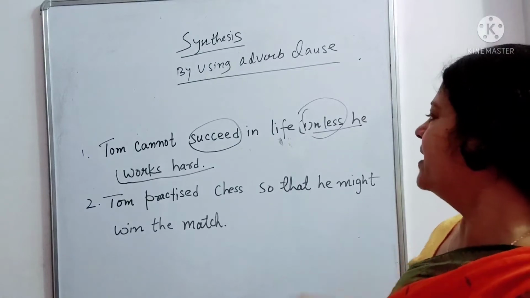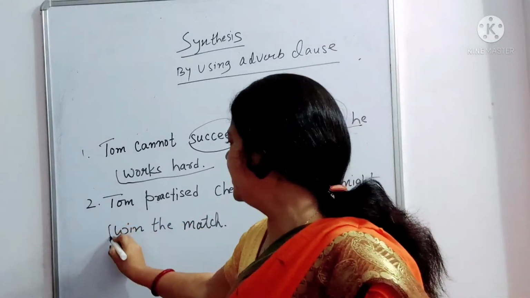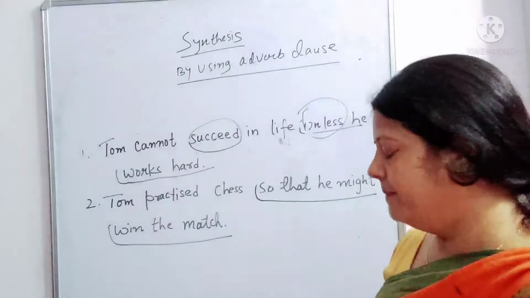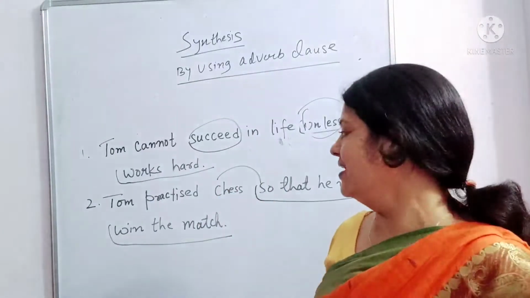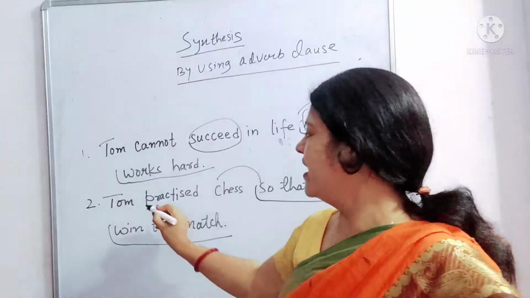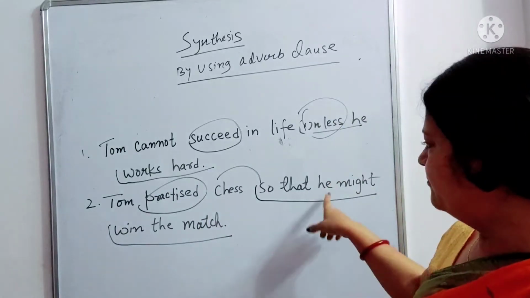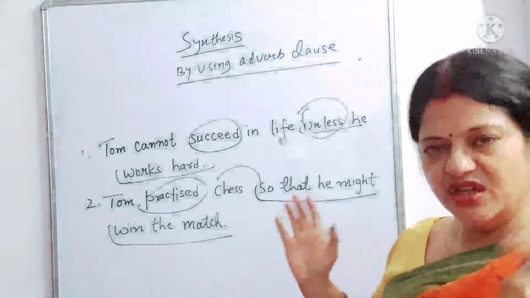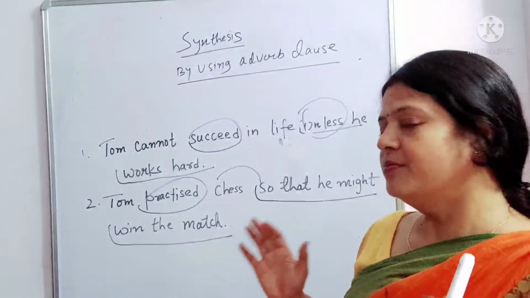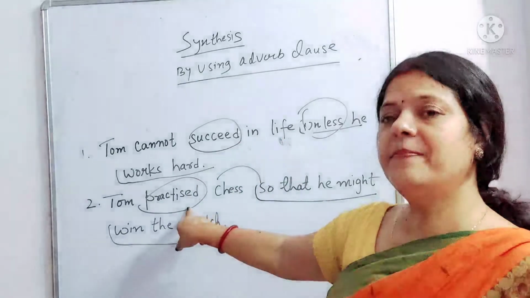Then, so that he might win the match, is a subordinating adverb clause depending totally on the main clause for its meaning. And in the main clause we have the verb practiced.